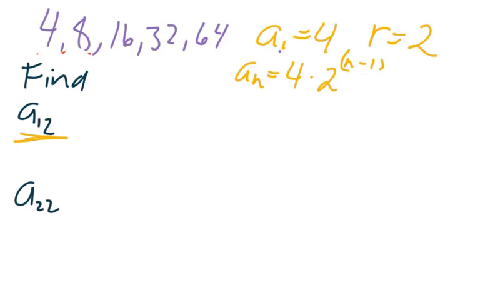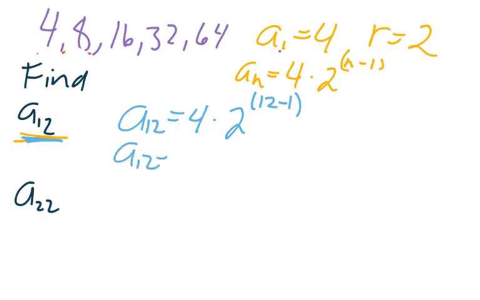We want to find a of 12. So a of 12 is equal to 4 times 2 to the 12 minus 1. So a of 12 is going to equal 4 times 2 to the 11th, and 2 to the 11th is 2048.